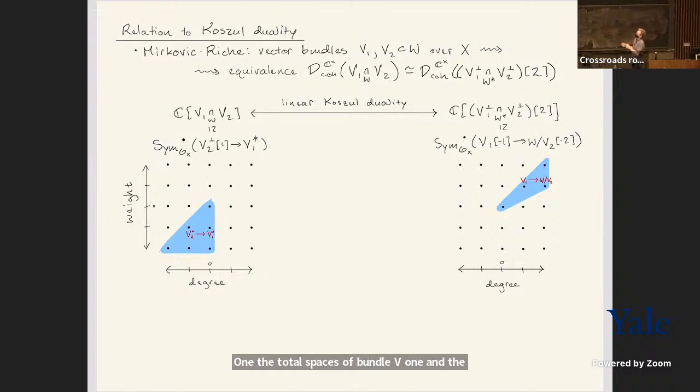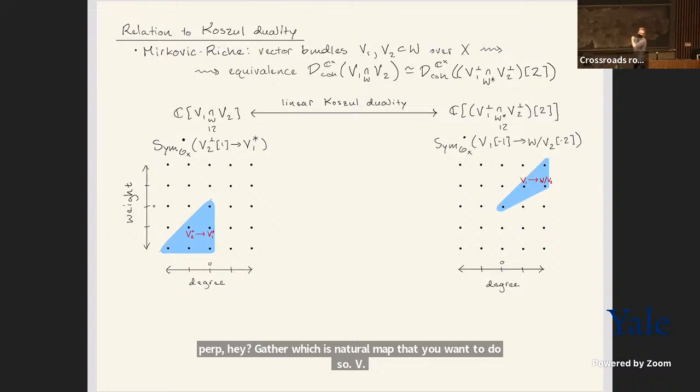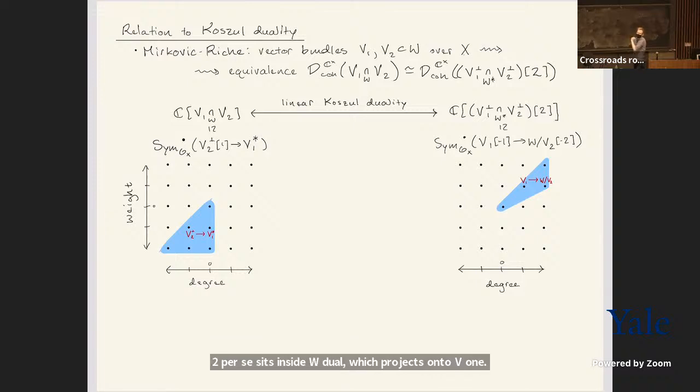And the coordinate ring of the total space of this derived intersection is the symmetric algebra of a two-term complex whose degree 0 part is V1 dual, but has a degree 1 part, which is V2 perp, together with its natural map to V1 dual. So V2 perp sits inside W dual, which projects onto V1 dual. So there's this natural two-term complex you can write down. The symmetric algebra on that is a representative, up to quasi-isomorphism, of the structure sheaf of this derived intersection.